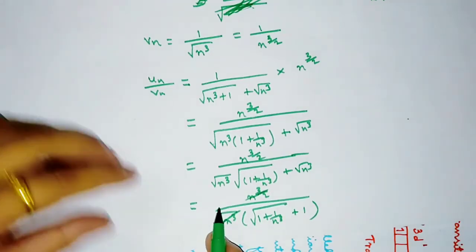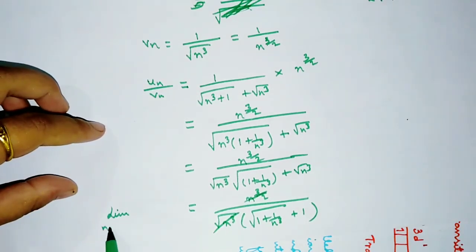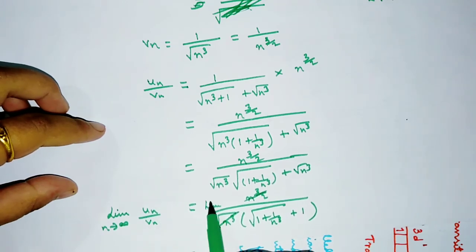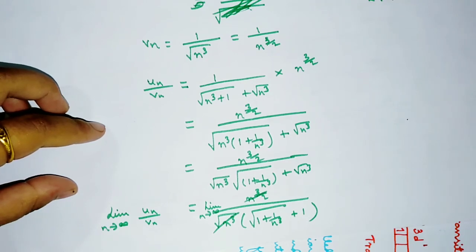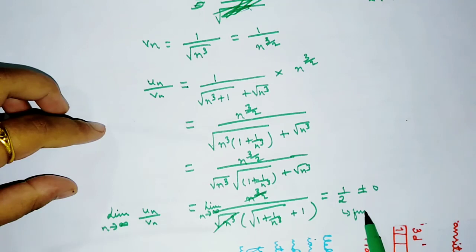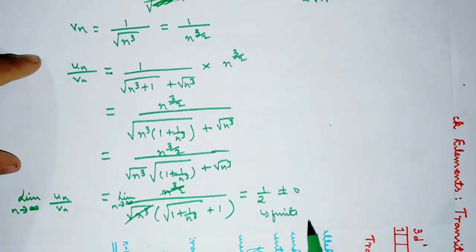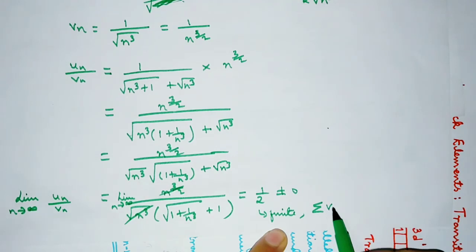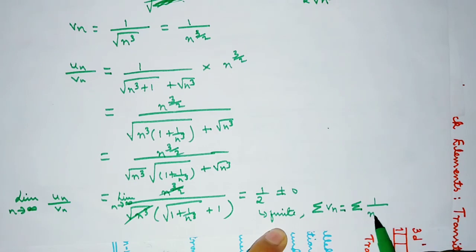And when we apply the limit n tends to infinity to Un by Vn, 1 by infinity cube is 0. So square root of 1 is 1 and 1 plus 1 is 2. You will get the answer half, which is not equal to 0, and this one is finite. So now take summation Vn. What is summation Vn? It is summation 1 by n to the power 3 by 2, which is a p series with p equal to 3 by 2, which is greater than 1.